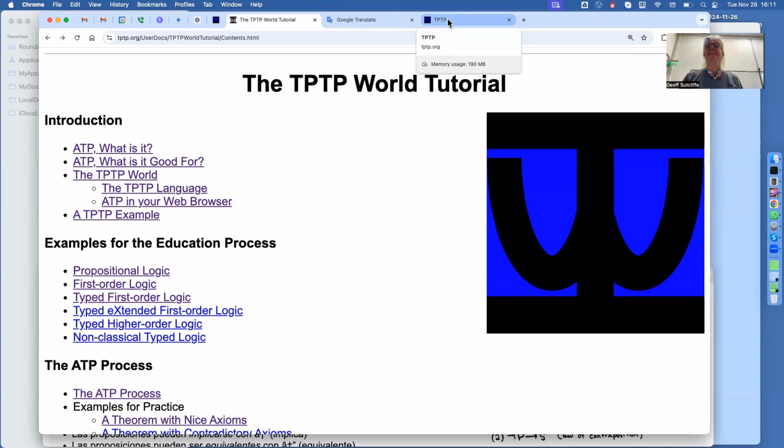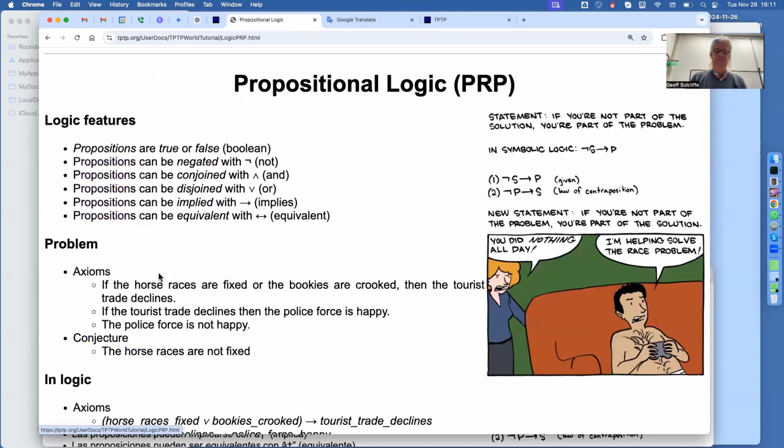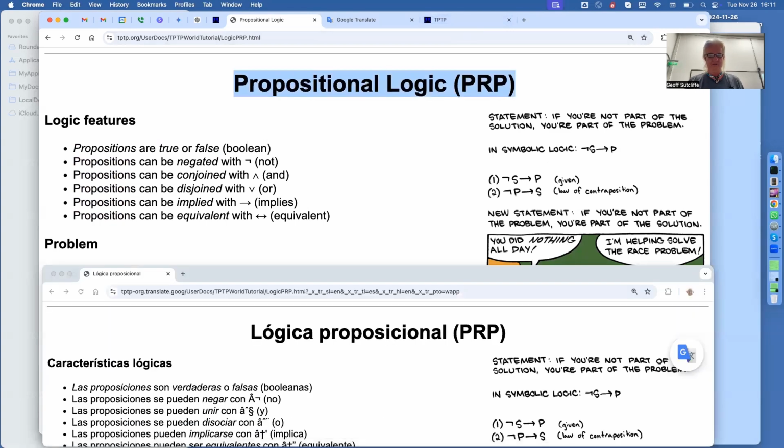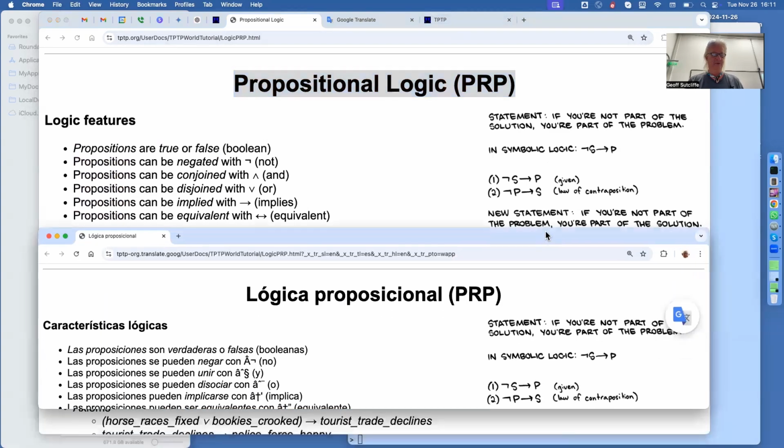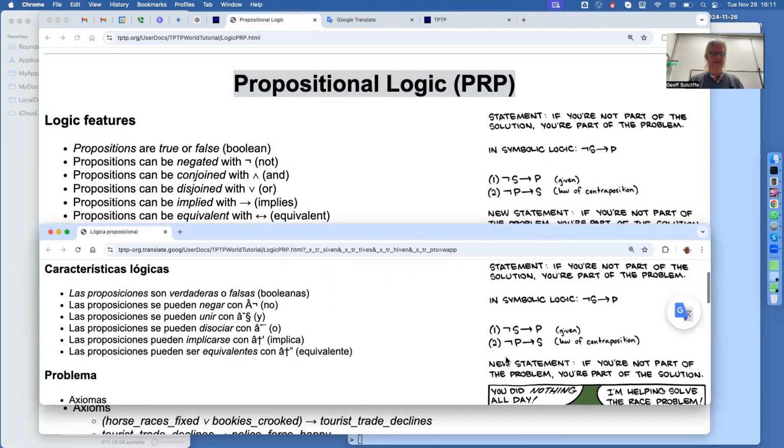Thank you. All right, so now we're going to start with a very simple example in propositional logic. This is Boolean algebra. Just solving a very simple problem using the TPTP, just to get used to the idea. And so I also wrote this for you in Spanish.